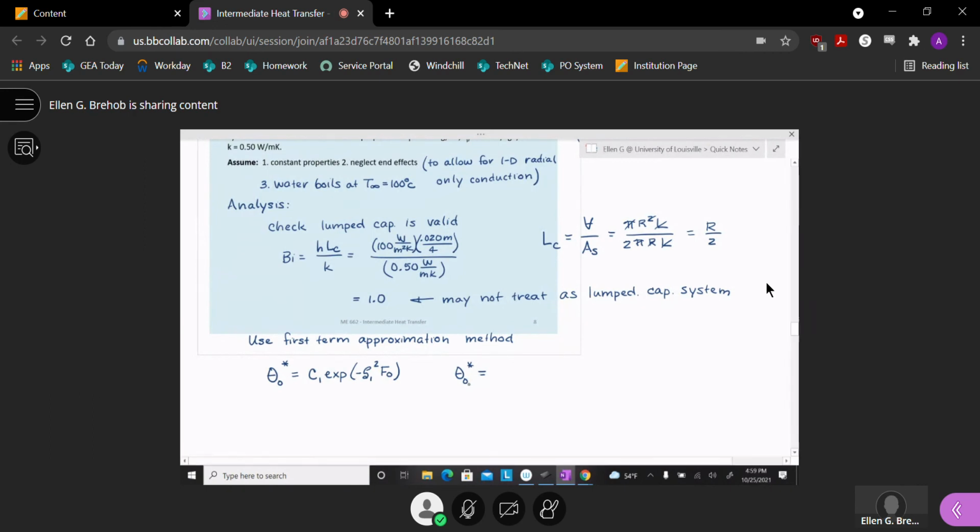And the little 0 means it is a center line temperature. So they're using the 0 for center line. Okay. If we expanded this back out, it would be temperature minus T infinity over initial temperature minus T infinity.